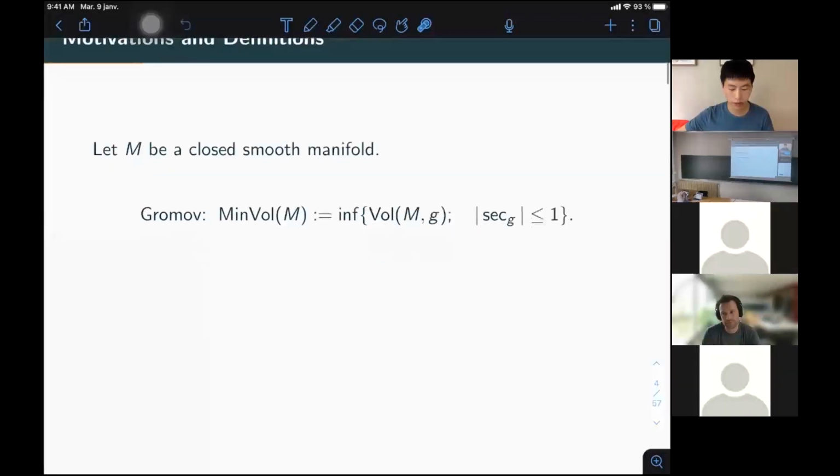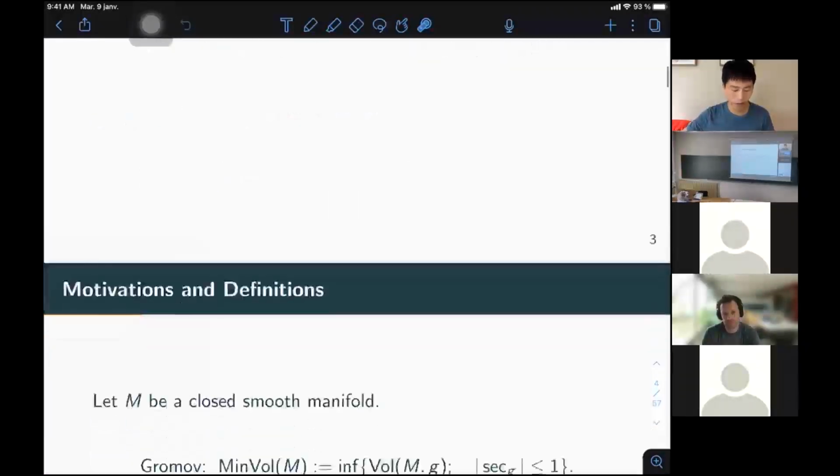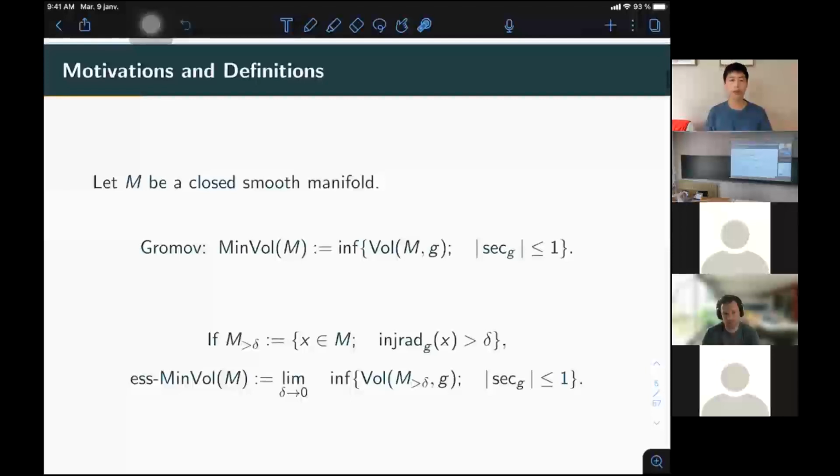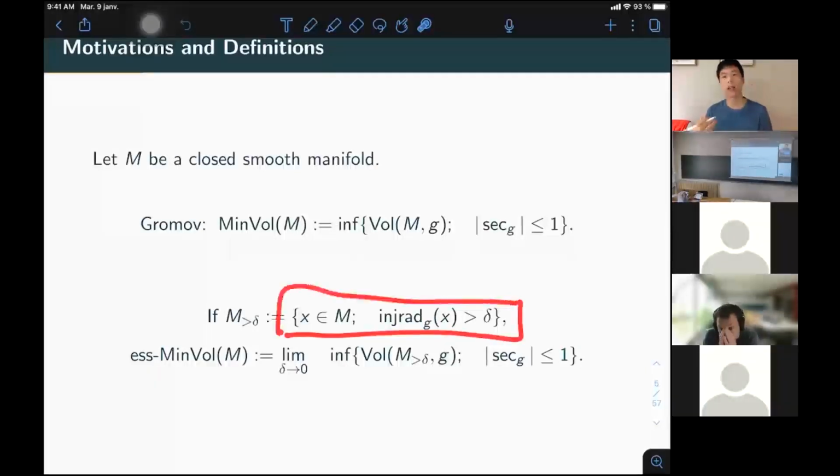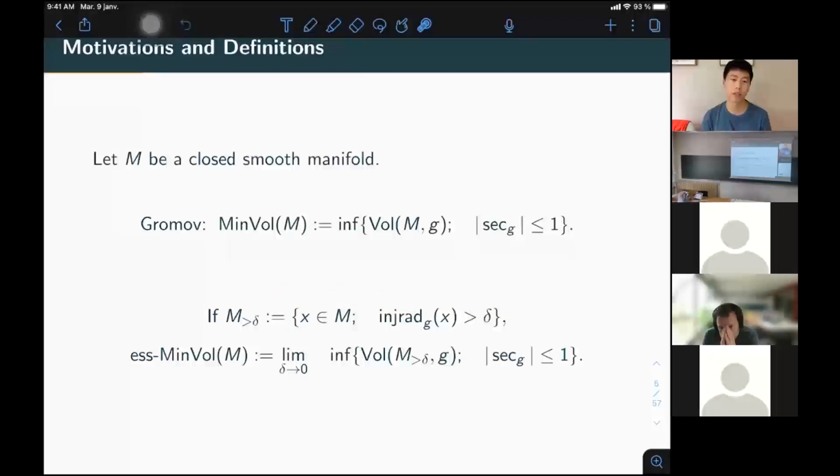And what you can do is to look at a variant of this invariant. This is the main thing I'm going to talk about today, which is the following. So given any delta, you can define the delta-thick part of your metric g by looking at the points where the injectivity radius is strictly larger than delta.